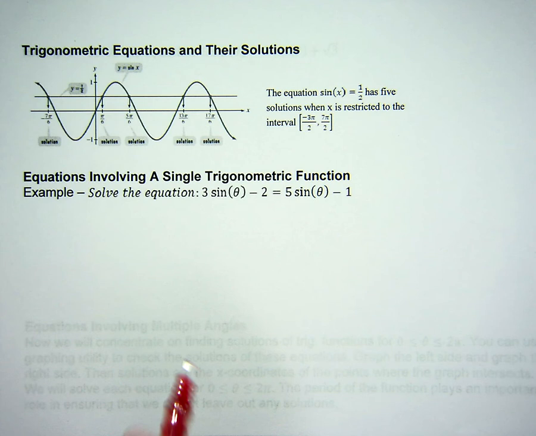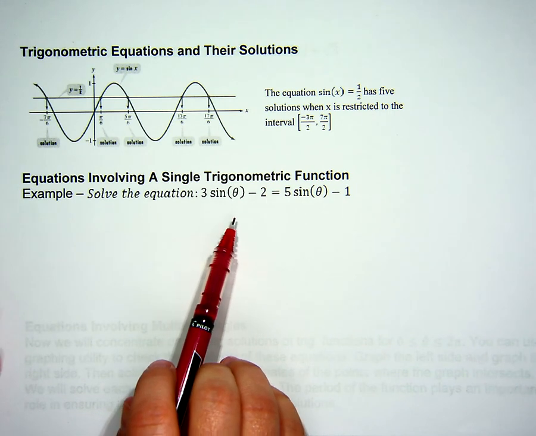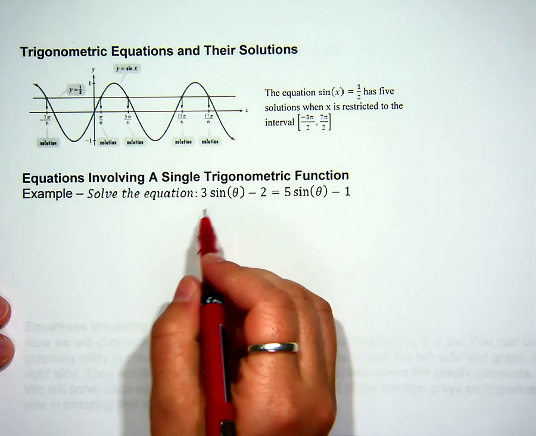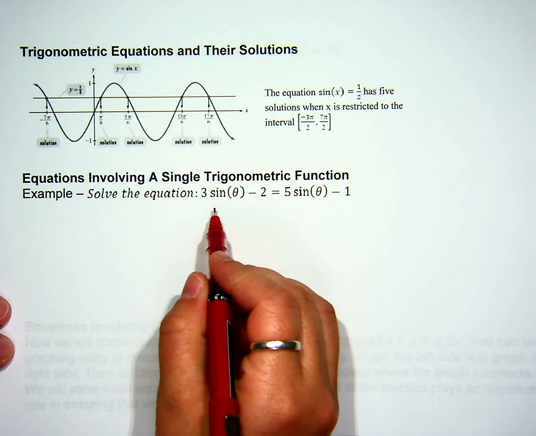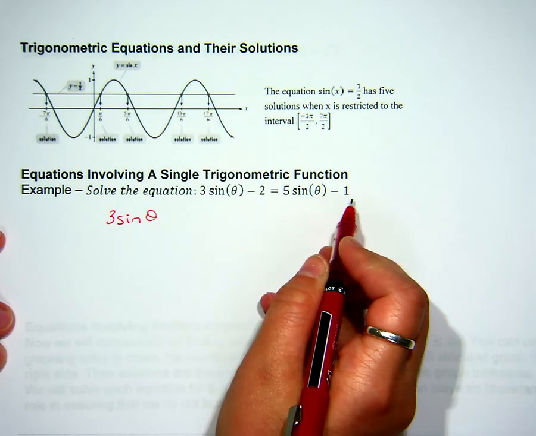What we want to do is solve for theta. You're going to solve this just like you would a normal algebraic equation, in that you need to get sine theta on one side. First, I have 3 sine theta minus 2 on the left, and 5 sine theta minus 1 on the right.